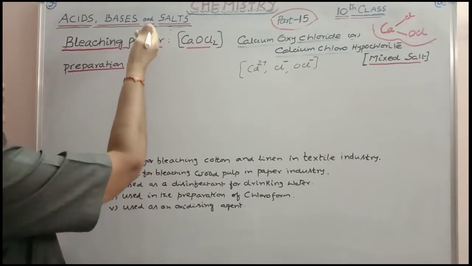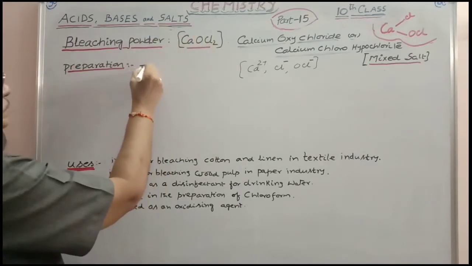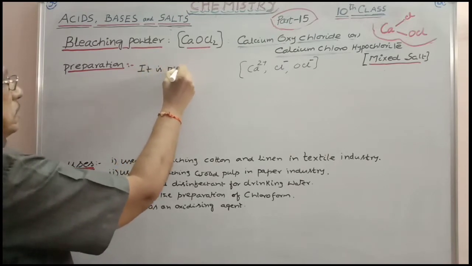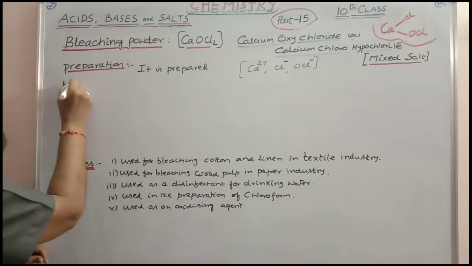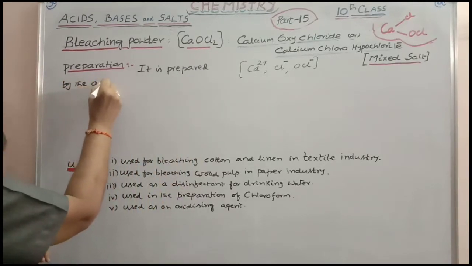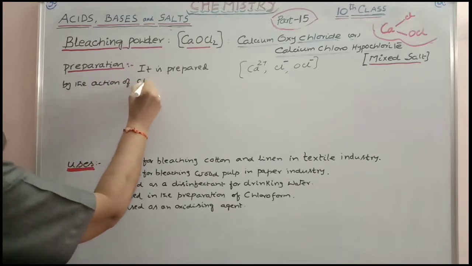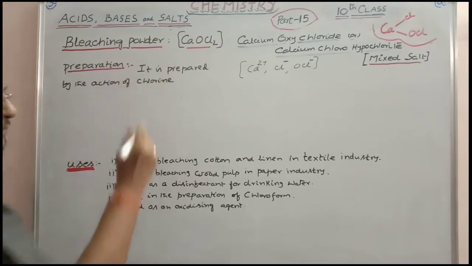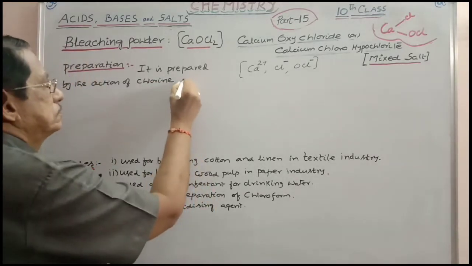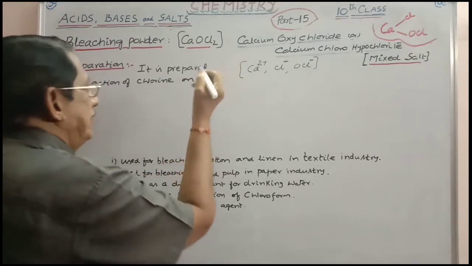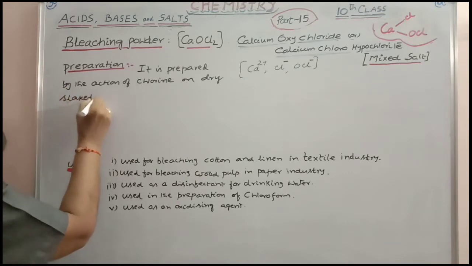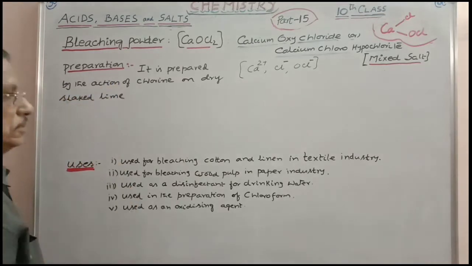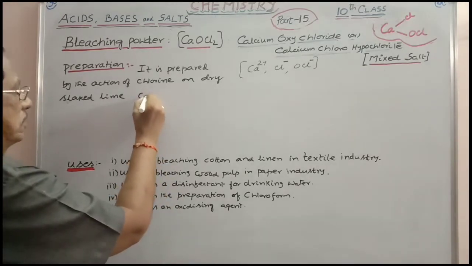Bleaching powder is prepared by the action of chlorine on dry slaked lime. Slaked lime means calcium hydroxide.